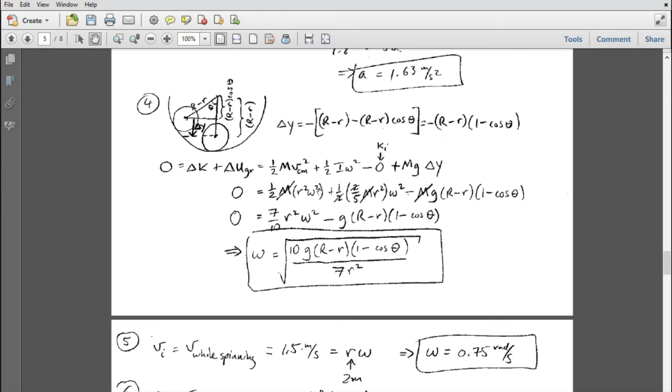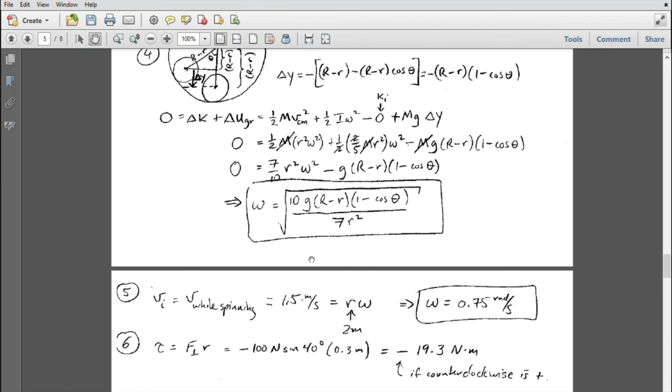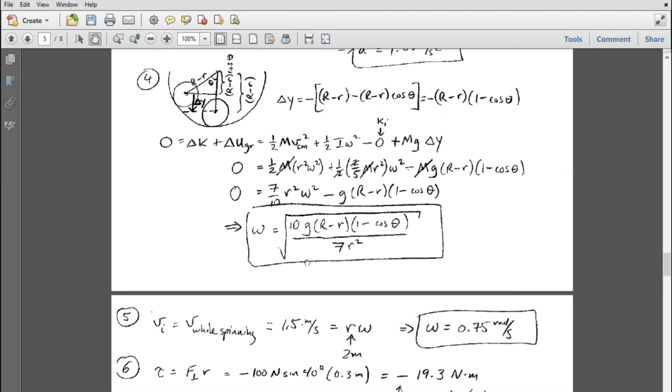Then I get an equation that only involves omega squared. I can combine the two omega squared terms and solve for omega. Again, it's sort of a mess because we didn't have any numbers to simplify things as we went along, so don't consider that a typical problem. That is the absolute pinnacle of the hardest kinds of problems that we can do with these energy methods.